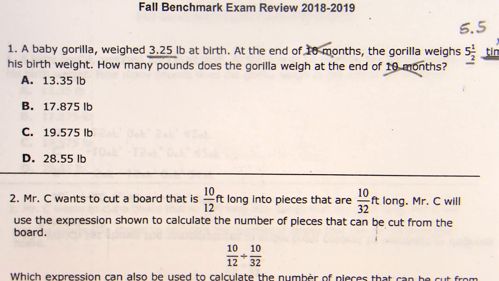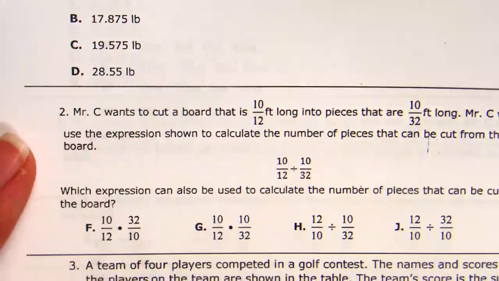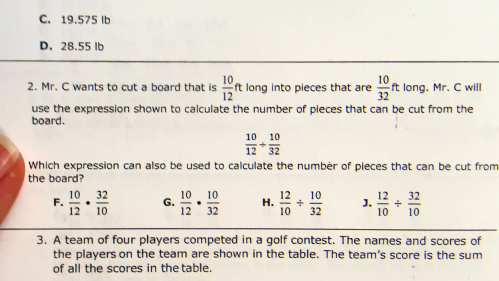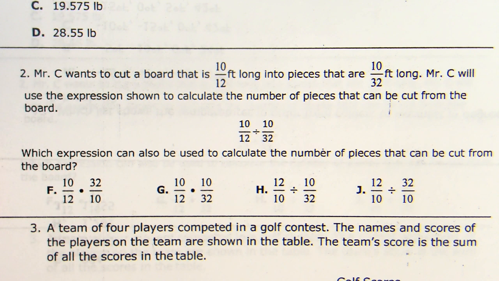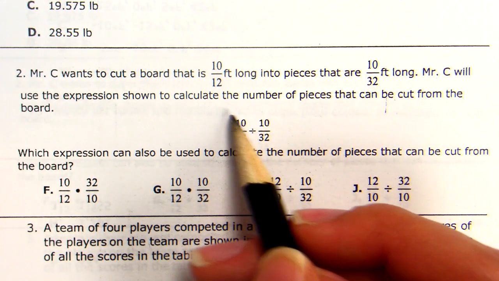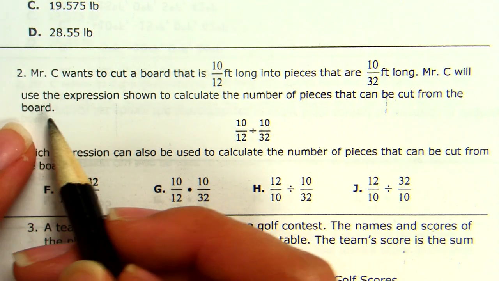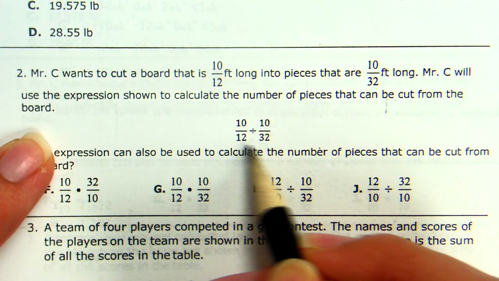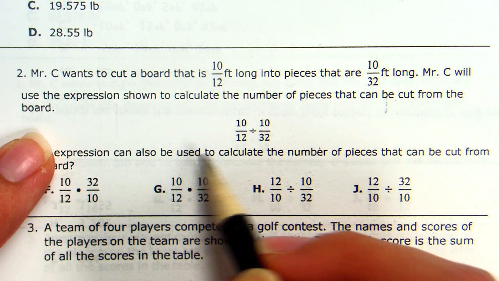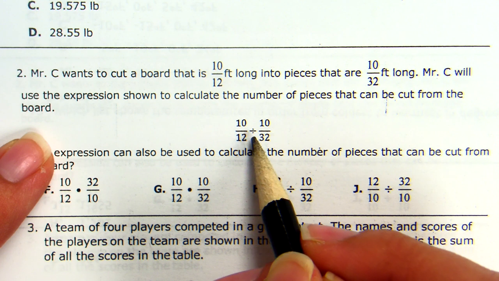The next one, Mr. C wants to cut a board that is 10 and 1/2 feet long into pieces that are 10 and 3/2 feet long. Mr. C will use the expression shown to calculate the number of pieces that can be cut from the board. So this expression over here. Expression doesn't have an equal sign. It just has the numbers and the operation sign.